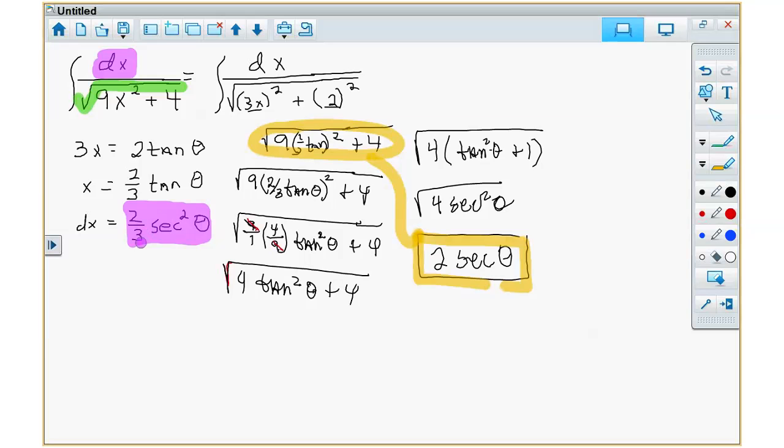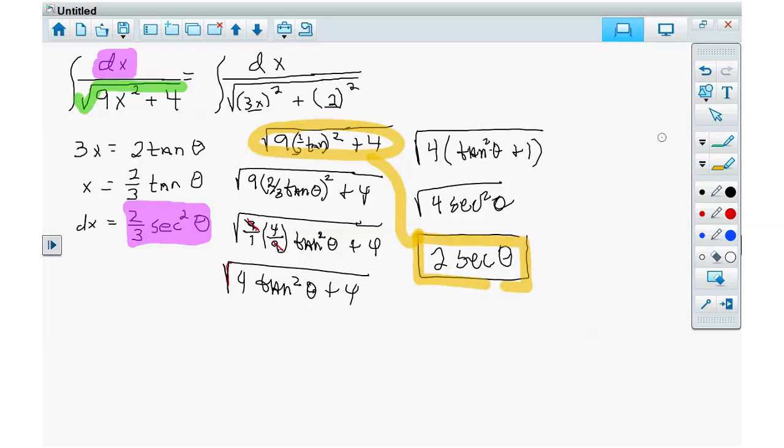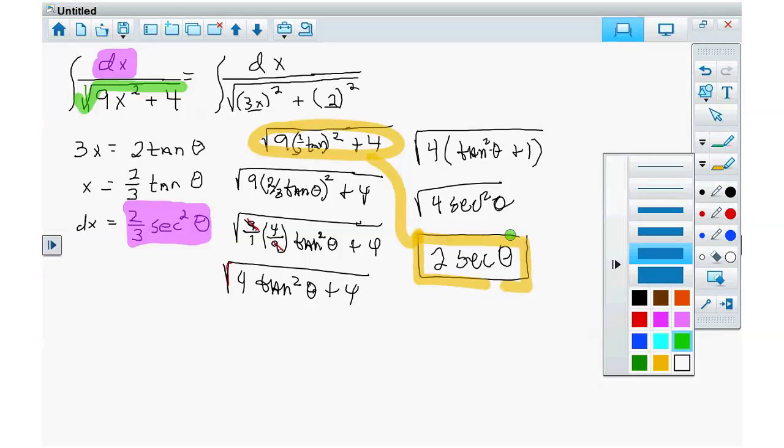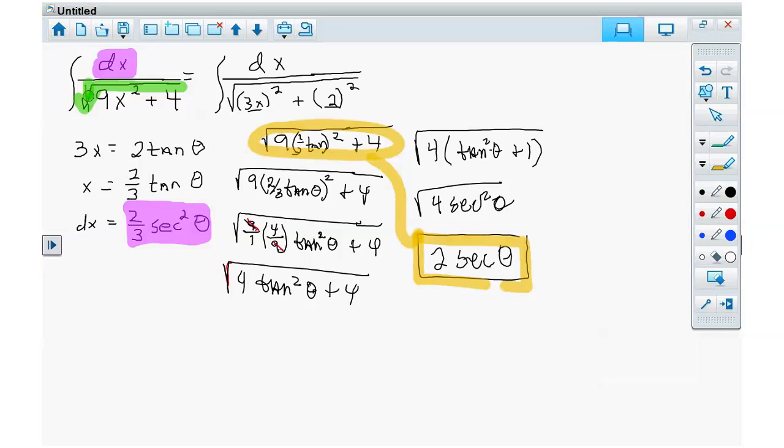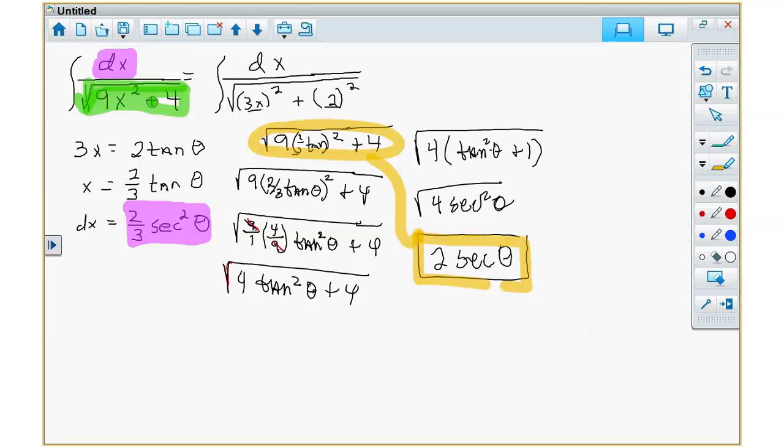And this guy is equal to this guy. So let me take the green. That guy right there is this guy. So really, you don't have as much to plug in as you did in the last problem.